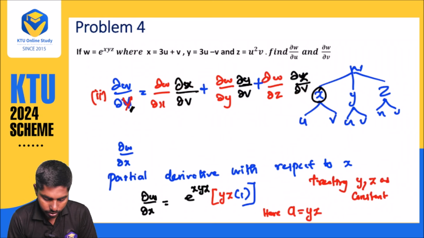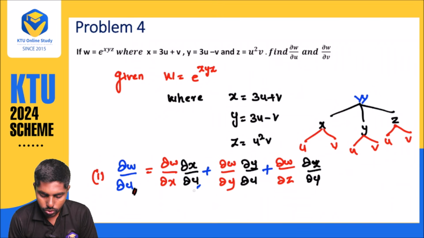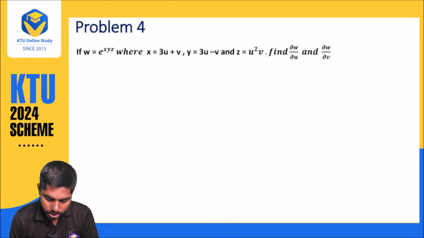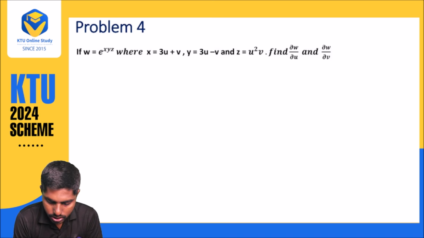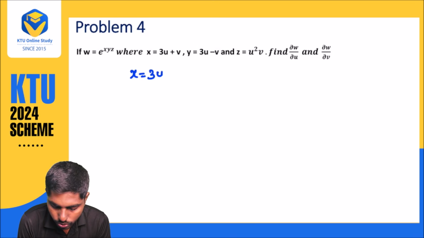Now what do we want to identify? We want to identify ∂x/∂u. We are given x equals 3u plus v.